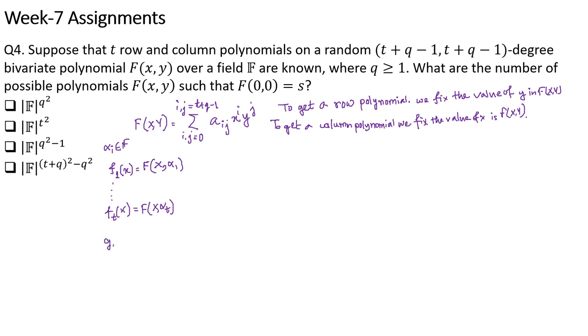And t column polynomials are also available, which is nothing but x value is fixed to alpha 1, for g1 till gt(y) is available. So this is for alpha t comma y.